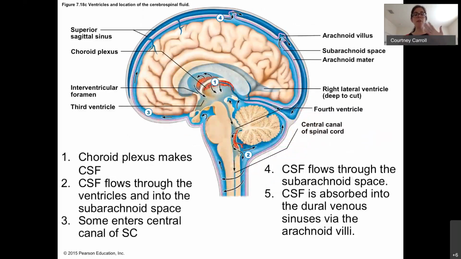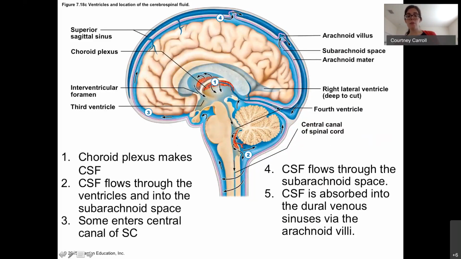And so if we follow that path, we start with the choroid plexuses making the CSF here shown in number 1, and that CSF is going to flow through our ventricles into the subarachnoid space in between that arachnoid meninge layer. Then some of it is going to enter the central canal of our spinal cord and go down.